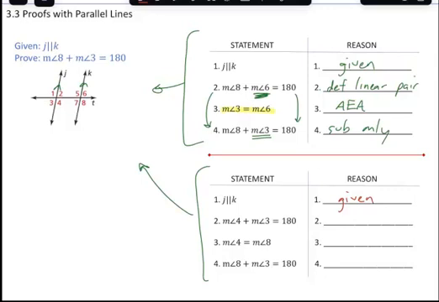The next statement here, instead of it being 8 and 6 being equal to 180, this is angle 4 and angle 3. What type of angle pair is that? Adjacent angles that form a straight line, so even though it's a different set, it's still definition of linear pair.